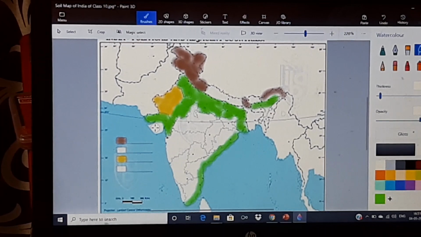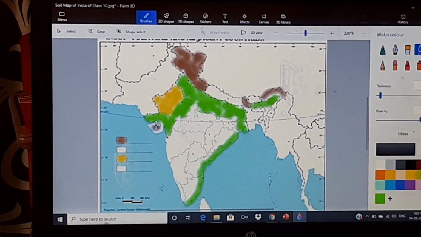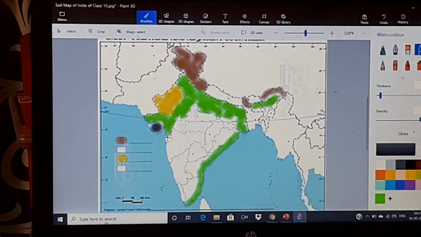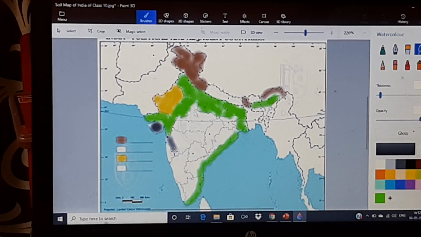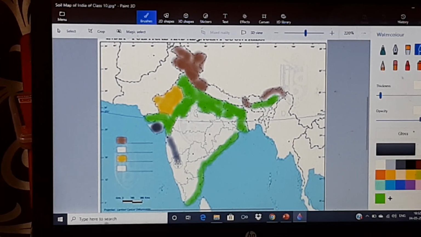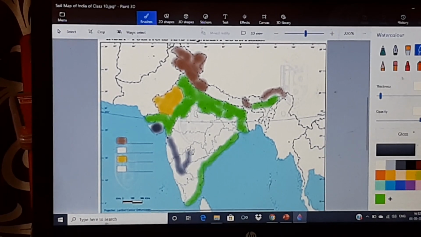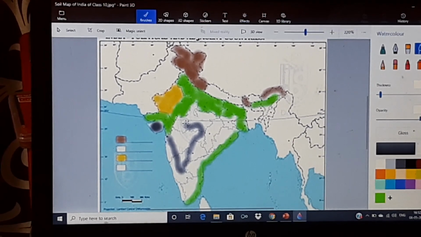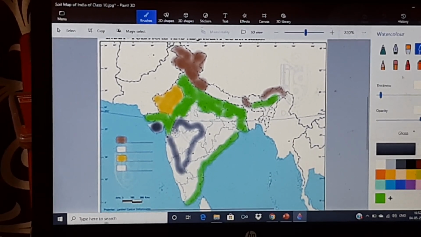Now, this part of Gujarat, we are having a tinge of black soil. Then, from this edge of Maharashtra, we are having the area of the black soil going towards parts of Telangana, covering this part of Madhya Pradesh, and this entirely is a black soil region.